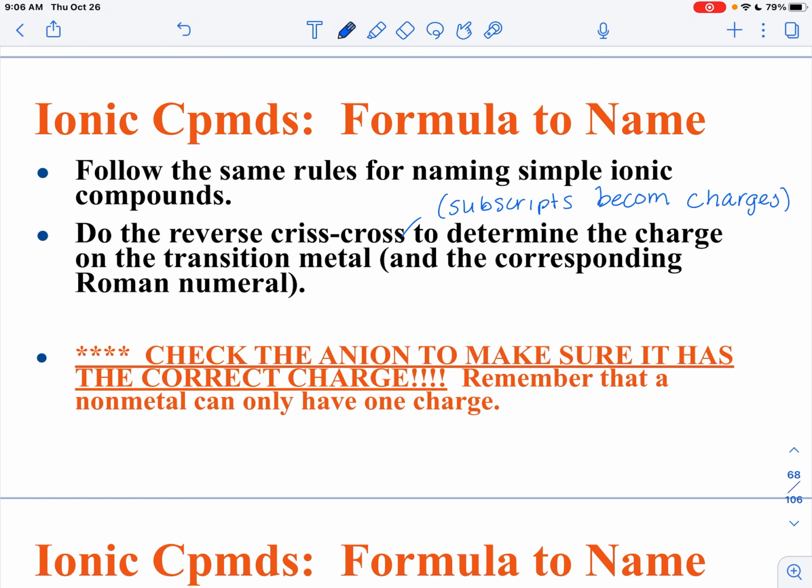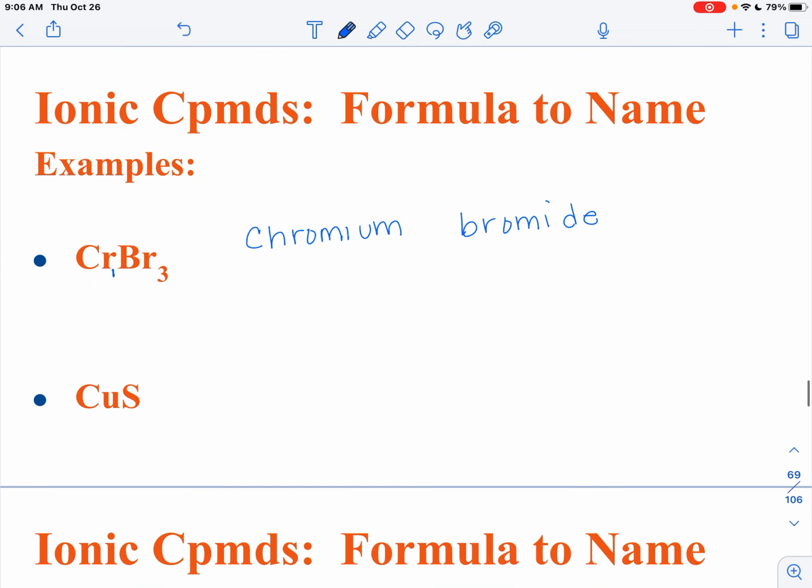Because usually when we're crisscrossing, our charges become subscripts, right? So now I'm going to make the subscripts charges. I'm going to rewrite my elements and move the subscripts to the charge position. And you can put the plus and minus if you want. The first one always gets the plus, the second one always gets the minus. But honestly, you don't have to. It's not really going to matter.